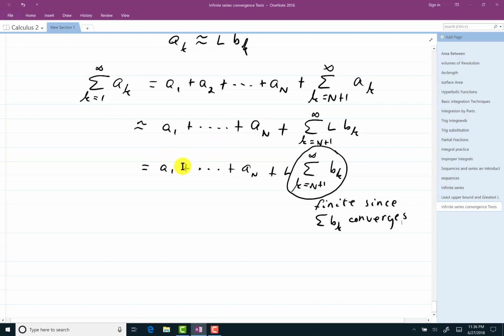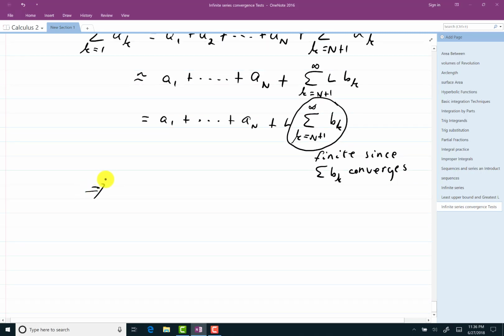These are all going to be finite numbers. This is just the sum of the first capital N terms, which is some number. L, of course, is just some number, and it's times just some number. So A sub k converges. And once again, I don't know where it started or anything like that. I put the 1 in there for some convenience. One other way of writing that it's convergent is to write that. This here is the same as A sub k converges.